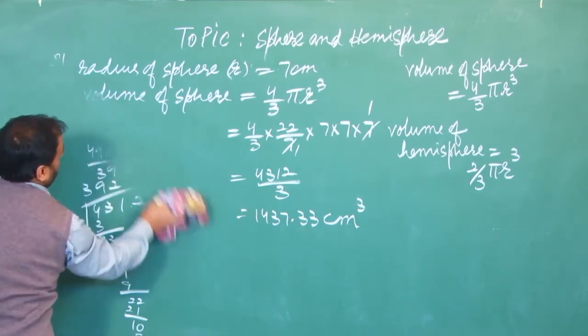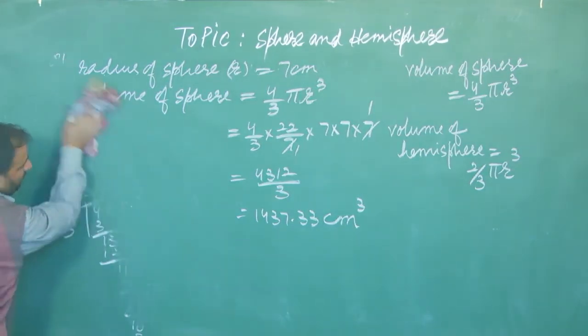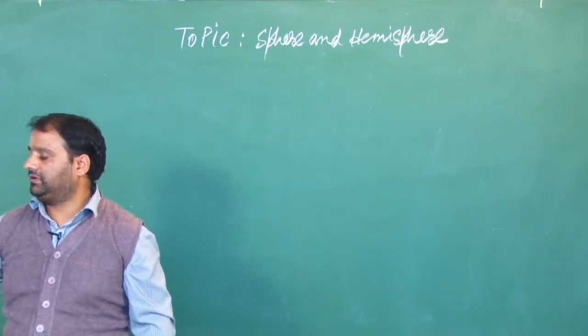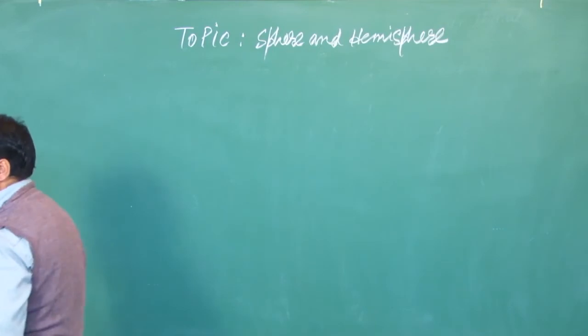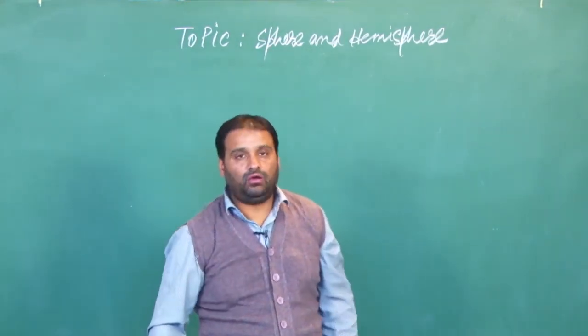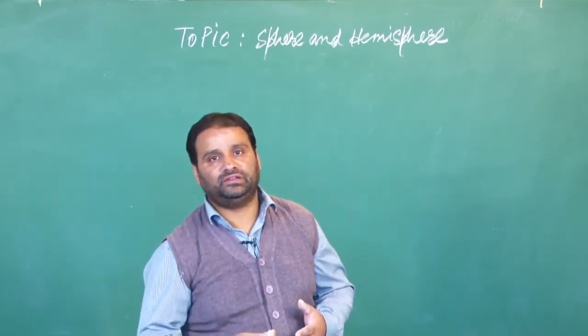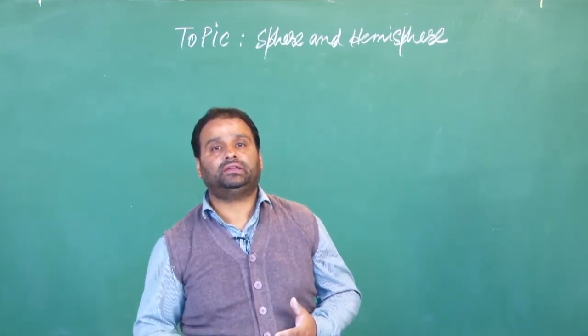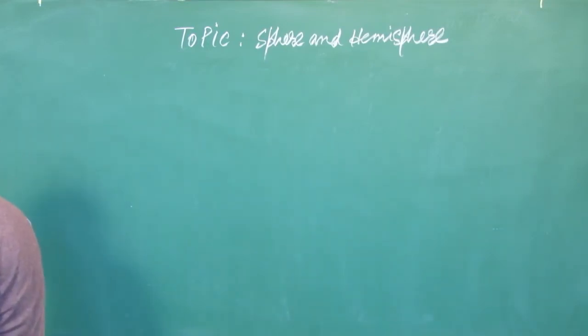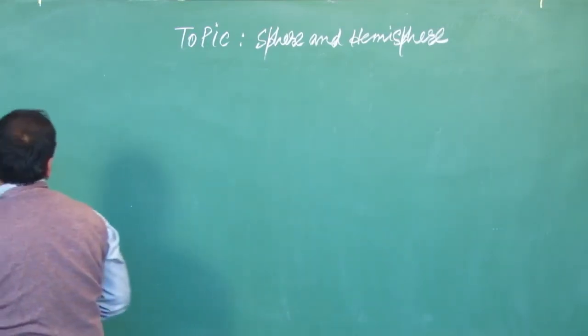Taking another question. How many liters of milk can a hemispherical bowl of diameter 10.5 centimeter hold? Now, we are given the diameter and we will convert this into radius.